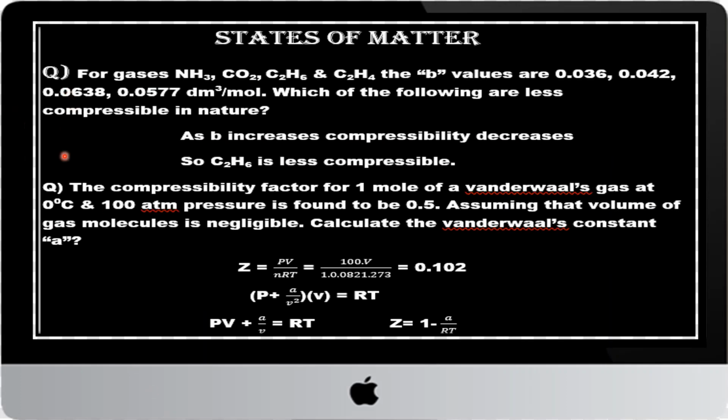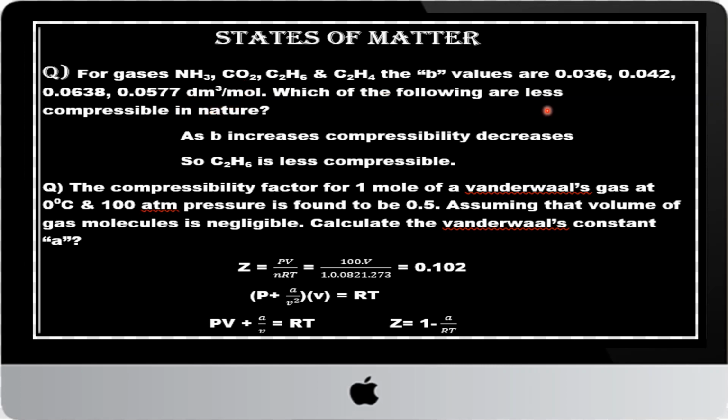These are numericals that may be given in the final NEET exam. Maybe the same models, they may change numericals. For gases ammonia, carbon dioxide, C2H6 and C2H4, the B values are 0.036, 0.042, 0.0638, 0.0577 decimeter cube per mole. They have given B values for each gas.